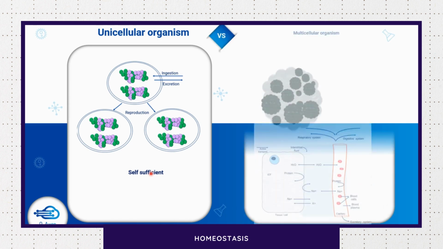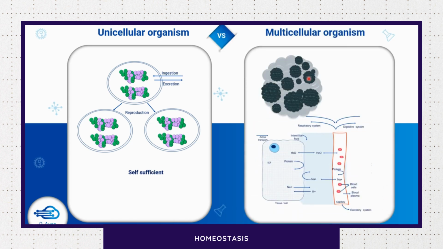However, when we consider multicellular organisms, the cells are closely packed together, right? And so each cell is not in direct contact with the external surrounding, which we call the external environment. Rather, they are surrounded by a fluid, right? So whatever nutrients they have to take up, they take from this fluid.